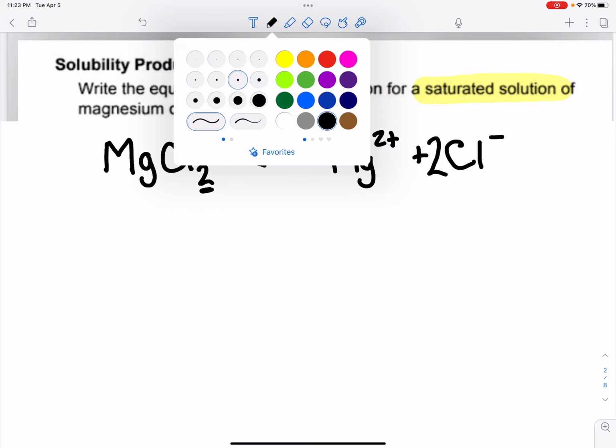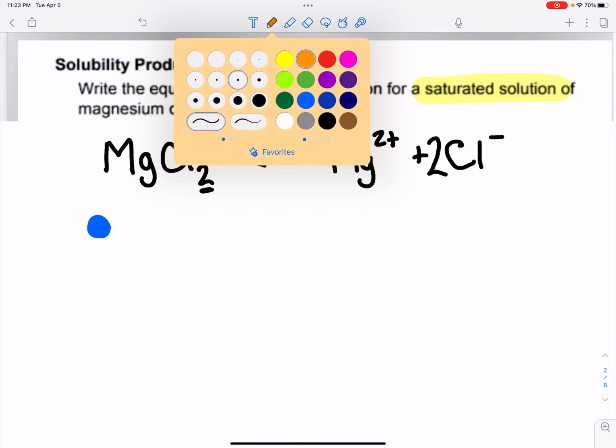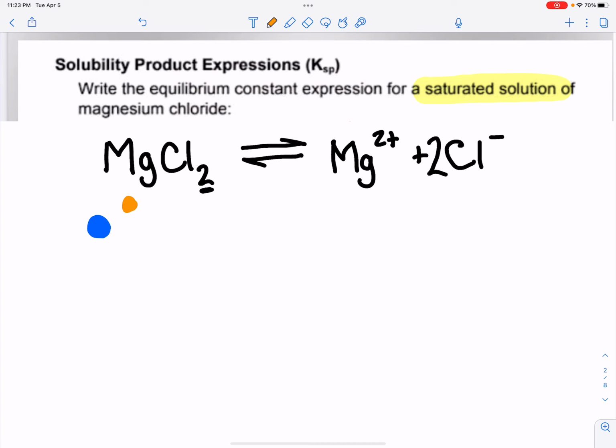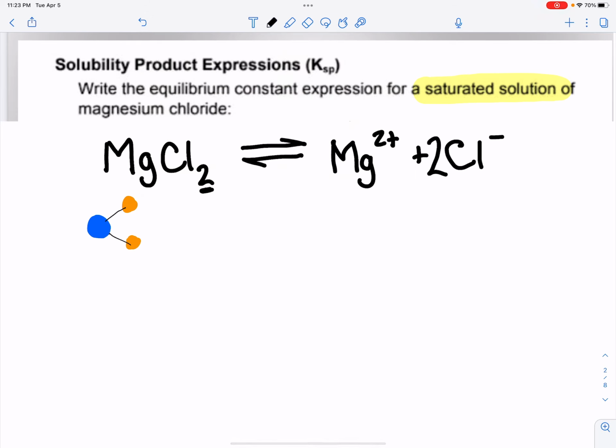I'm just going to go through for a second and look at what this molecule looks like. If this is my magnesium, and here are my chlorines, I've got 2 chlorines attached to 1 magnesium. So that's kind of what the molecule looks like.